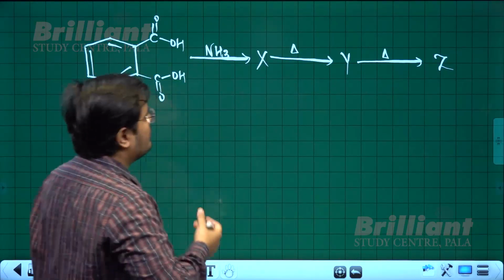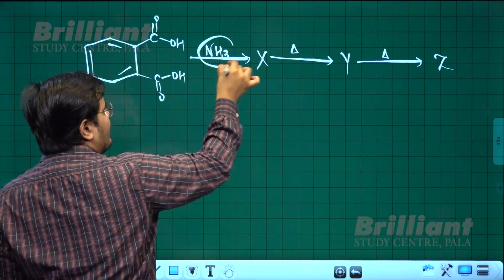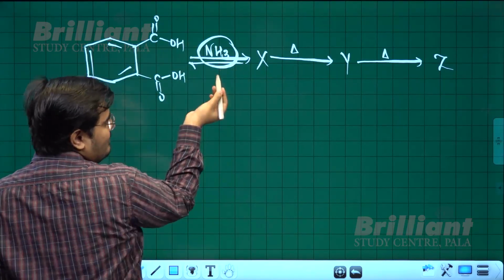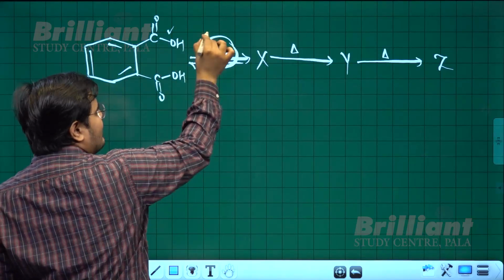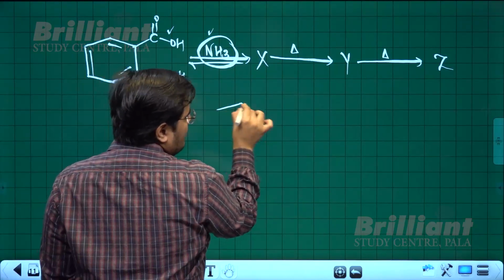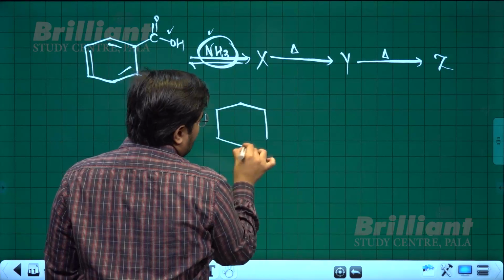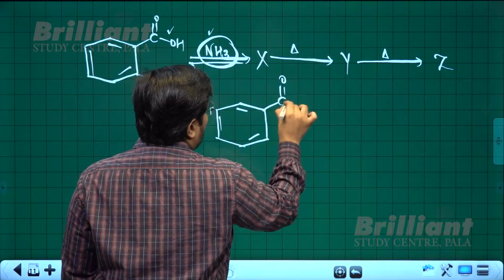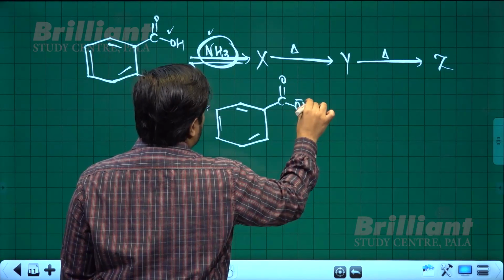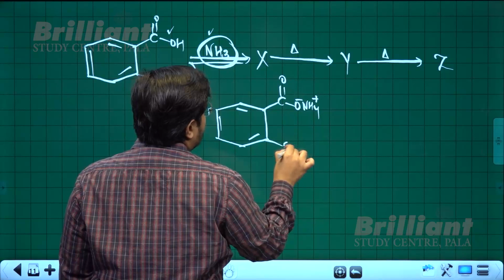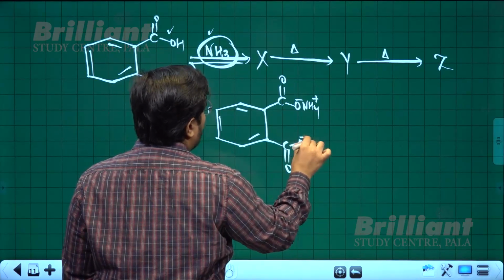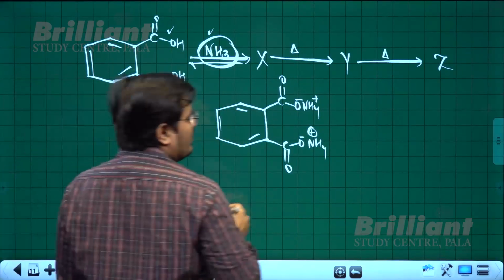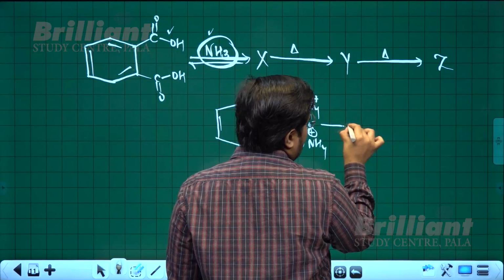So X we know, since it's treated with ammonia, and let's say the ammonia is in excess, the first thing that will happen is an acid base reaction. So this acid and this ammonia will form the salt, which will be C=O O minus NH4 positive, C=O O minus NH4 positive. We know this carboxylate salt on heating will generate amide.